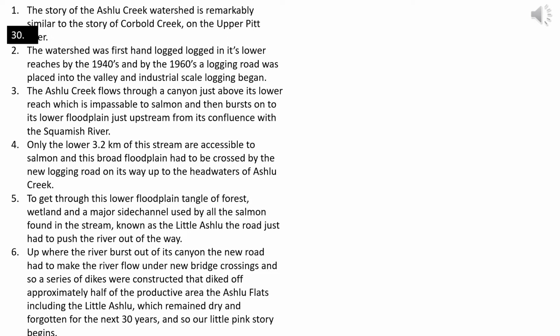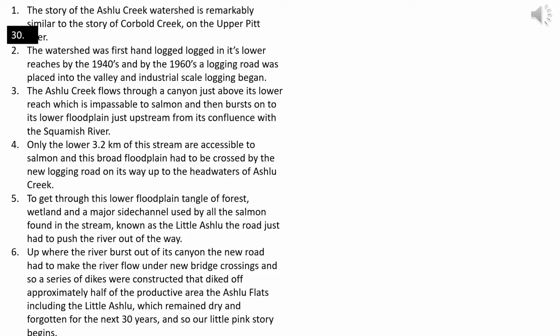But it wasn't until the 1960s that a logging road was placed into the valley and industrial scale logging began. Ashlew Creek has a large and extensive watershed, but as it moves toward its lower end, it goes through a very confined canyon just before its confluence with the Squamish River, and this canyon is actually impassable to salmon.